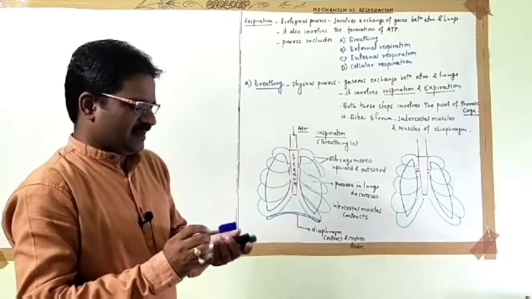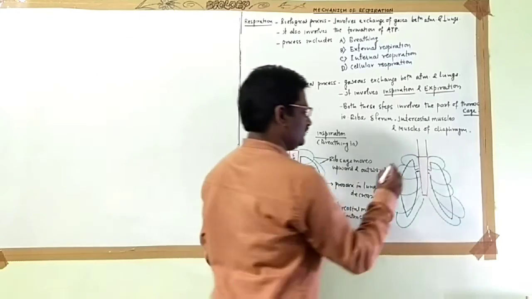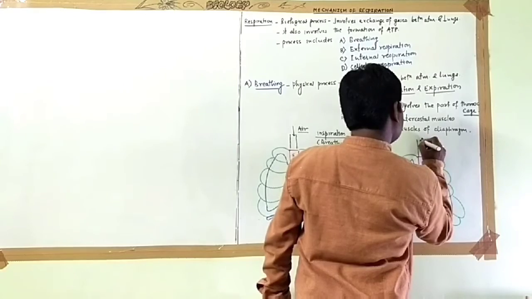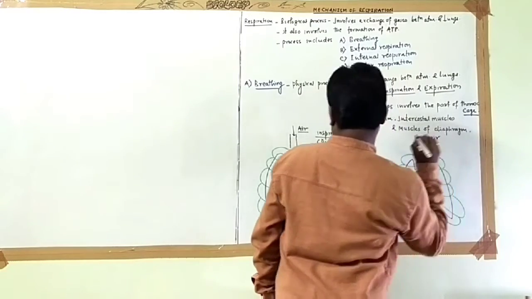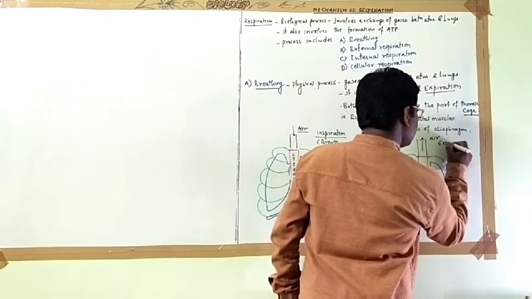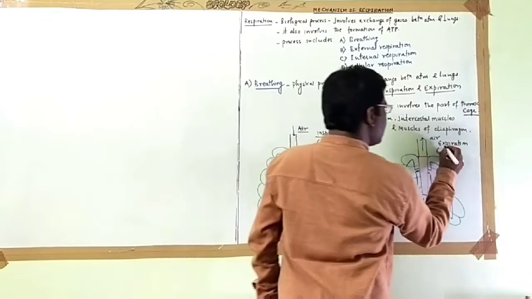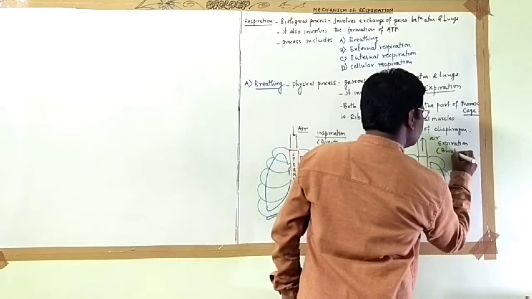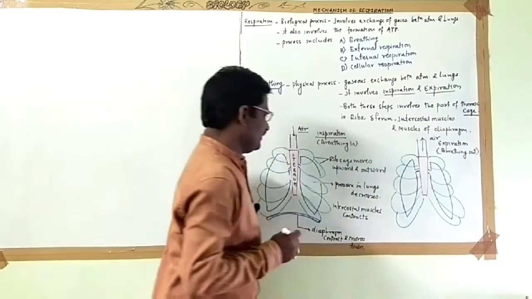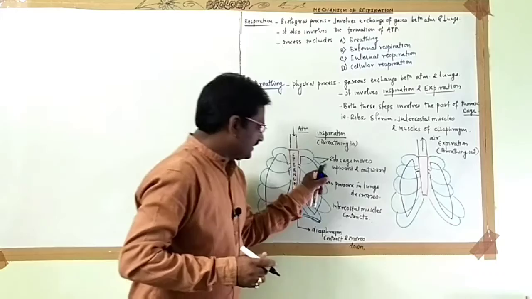Now see, the air is moving out from the lungs. That process is called expiration, which means breathing out. Here, what will happen to the rib cage?